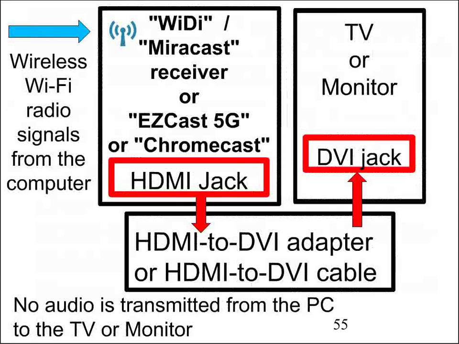What else can I tell you about? All right, when you use an adapter or a cable to go from an HDMI jack on a computer, that left box should be a computer, to a DVI jack on a TV, you lose the sound. And you're busy running a separate cable for the sound. So keep that in mind.